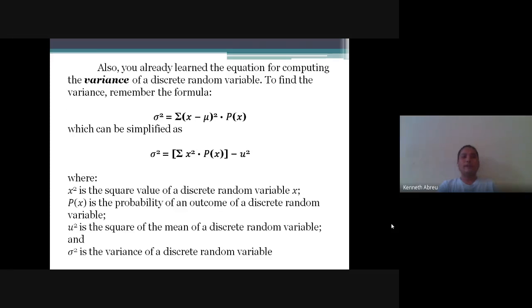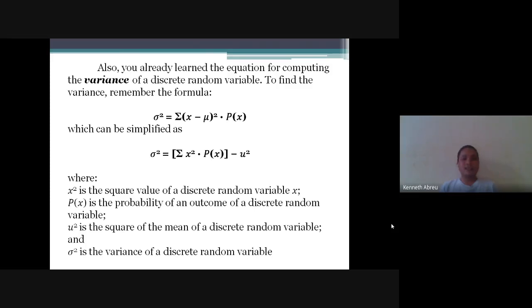Also, you already learned the equation for computing the variance of a discrete random variable. To find the variance, remember that we are going to get the summation of x minus mean squared times probability of x. Or another formula natin na pwedeng gamitin would be this one, yung ating summation of x squared times p of x, ima-minus natin doon sa ating mean value or doon sa ating μ squared.